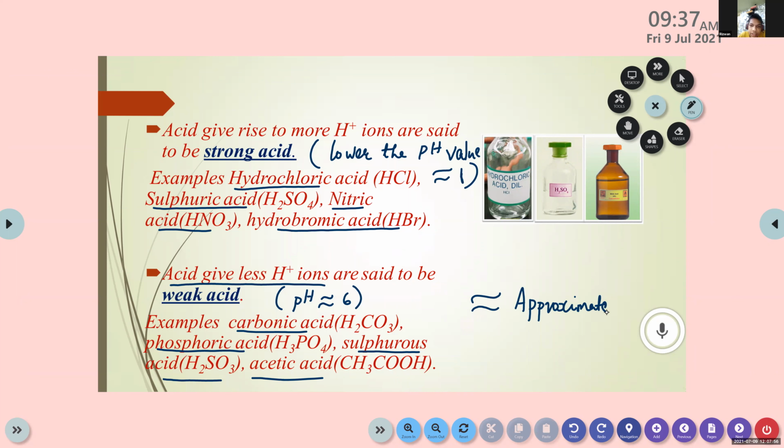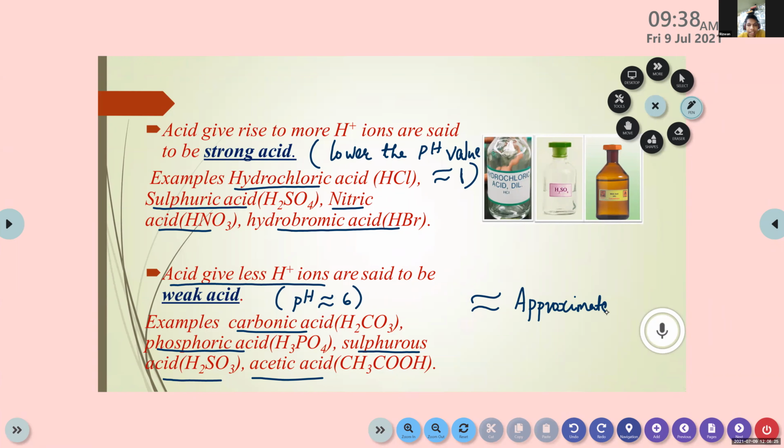Example, hydrochloric acid, HCl, sulfuric acid, H2SO4, nitric acid, HNO3, hydrobromic acid, HBr. Acid gives less H plus ions are said to be weak acids, pH approximately 6.